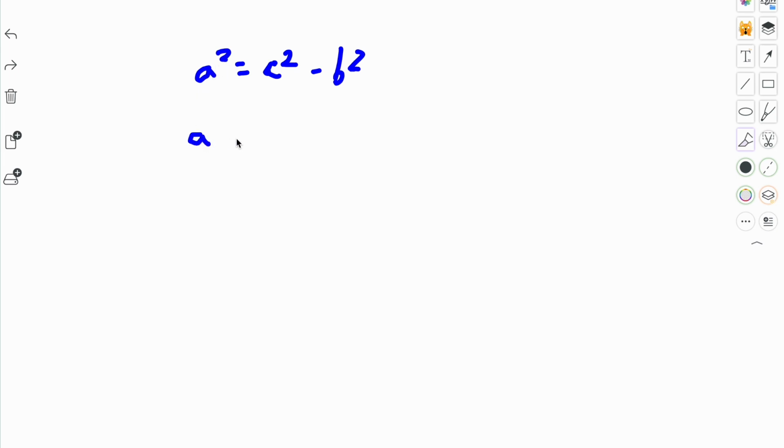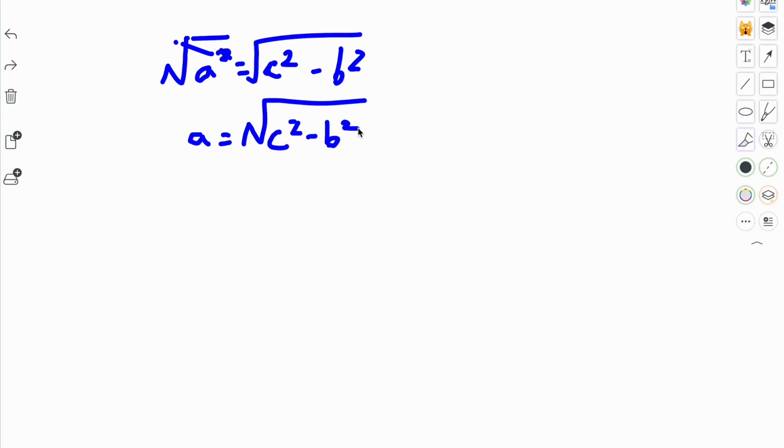So we're going to have our a, and then we're going to equal. If we're square rooting it on this side to cancel this out, we need to do it on the other side as well, because we're doing it on both sides. So this cancels with this, and then we're left with a equals the square root of c squared minus b squared. So this is for if we're solving a.